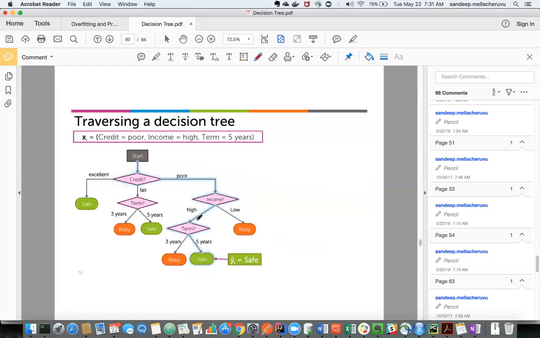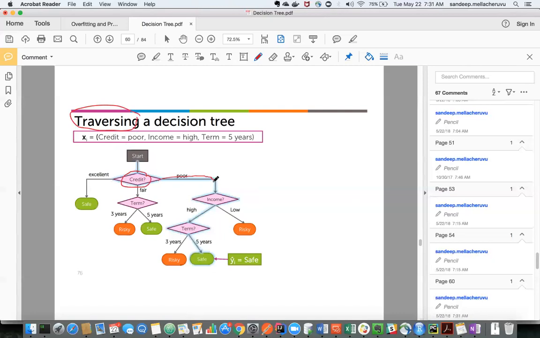So how do we traverse the decision tree? Traversing means that you flow through the tree. So given any data point, say credit equal to poor, income equal to high, term equal to 5 years, you start from the starting node, then you flow through credit, which is poor for this data point.